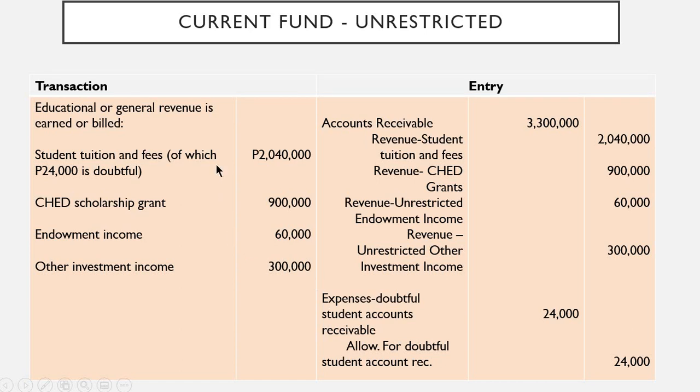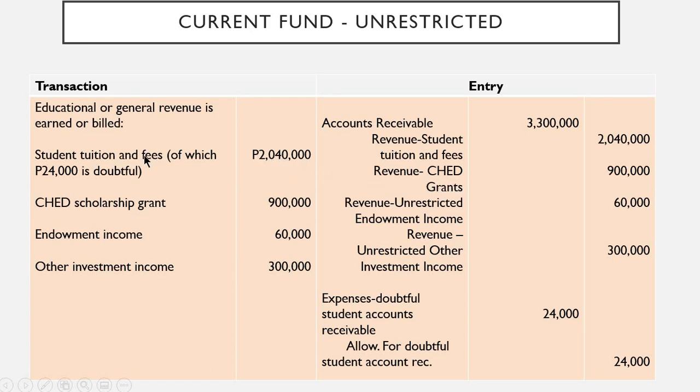Okay? These transactions are classified as unrestricted current fund. So the journal entry would be a debit to accounts receivable. Okay, syempre add mo siya lahat, that would be equal to 3.3 million. Okay? And credit revenue, student tuition and fees, 2,040,000.